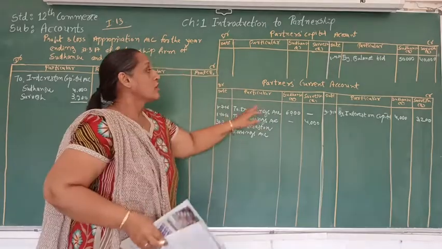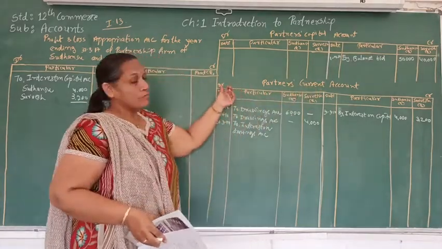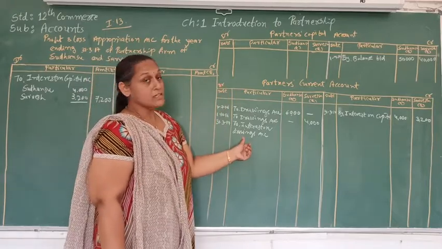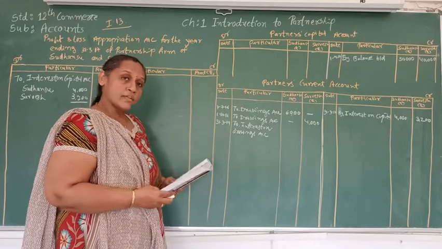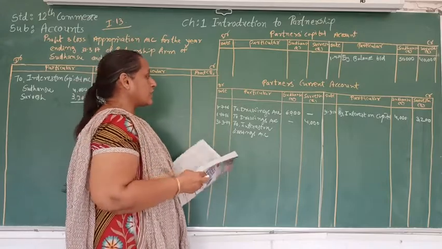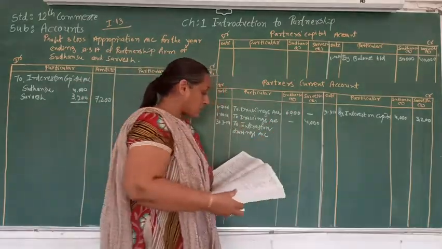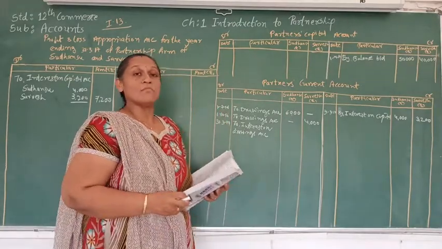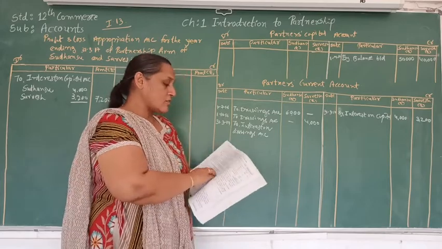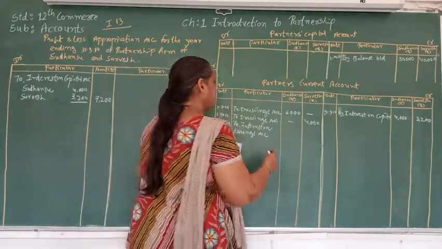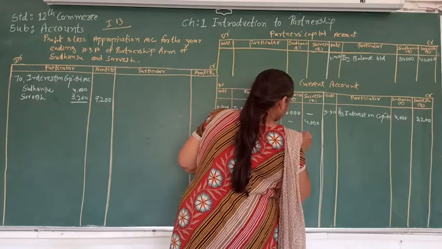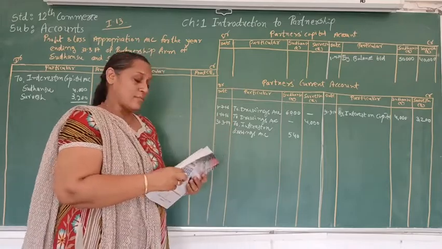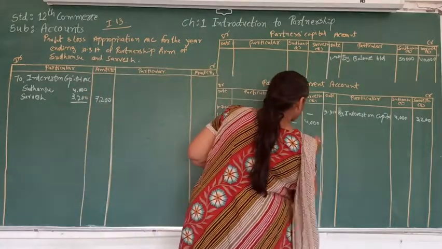Interest on drawing is an income for the firm and an expense for the partner. So it's supposed to be debited to partner's current account and credited to profit and loss appropriation account. So for that 6,000, the amount is withdrawn on 1/7/16. So for that 9-month interest we are going to calculate at the rate of 12%, and that will be 540. And on 4,000 we are going to calculate interest for 6 months at the rate of 12%, and the amount of that will be 240.